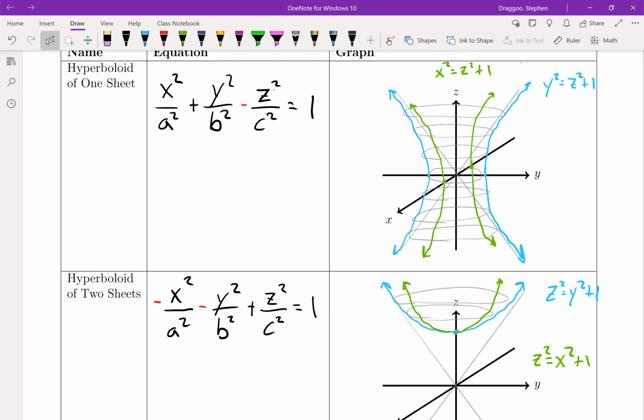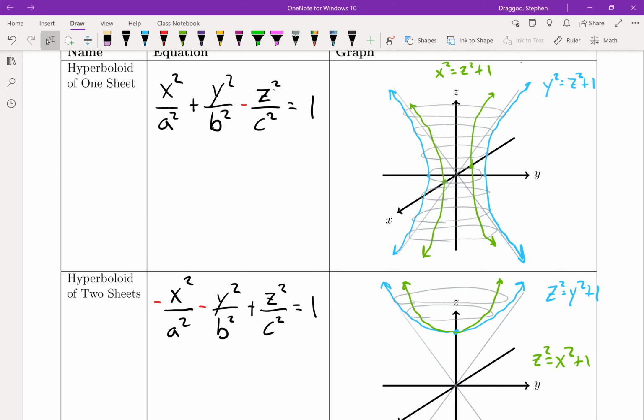I can plug in (0, 1, 0): 0 plus 1 minus 0 is equal to 1. So I have an intersection along the y-axis, but I do not have an intersection along the z-axis. Plug in the point (0, 0, 1) and you get 0 plus 0 minus 1, which is not equal to 1. So I intersect with 2 axes, but not the third, so it's a hyperboloid of 1 sheet.